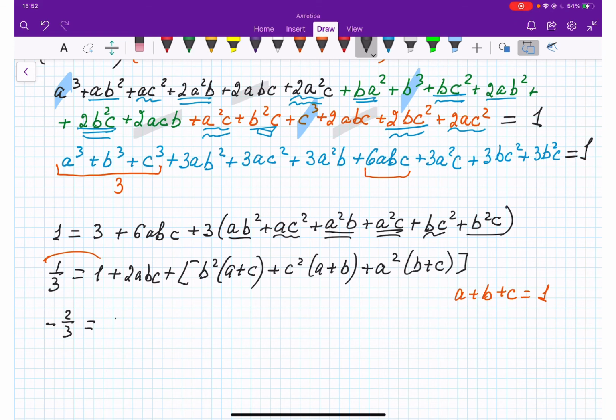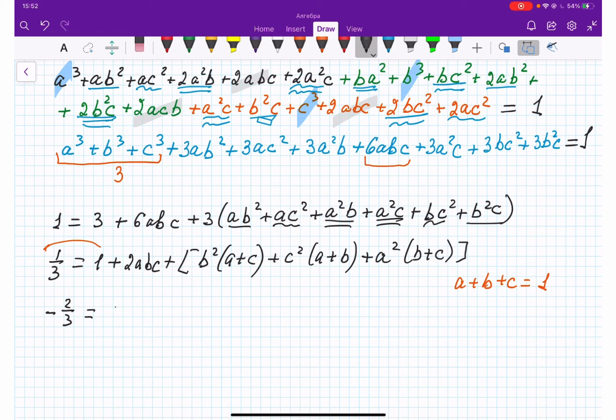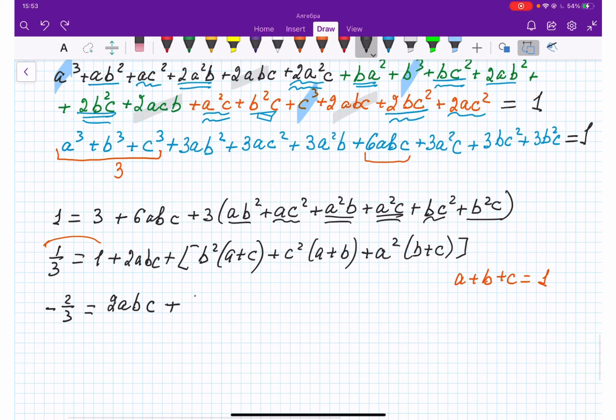Okay, negative 2 over 3 is equal to 2abc plus. So look here, we have a plus b plus c equal to 1, right? So from here, I'm going to express through that equation b squared times a plus c. Now let's say this one, a plus c is equal to 1 minus b, right?